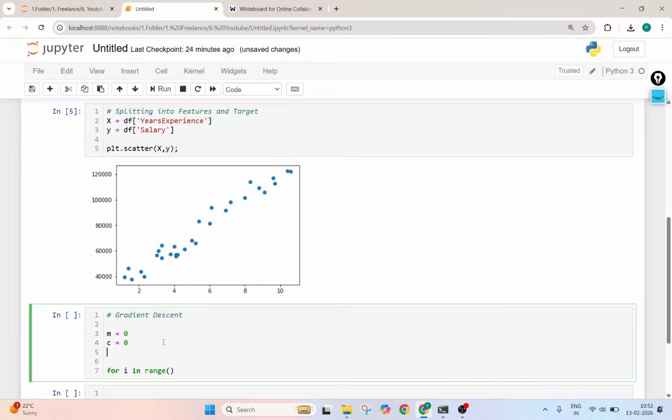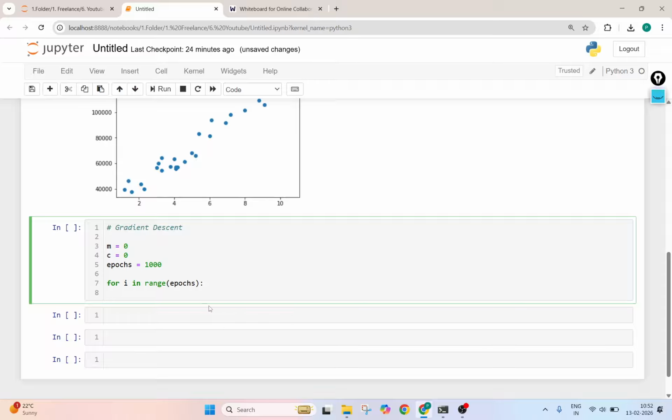So as of now, I'm just taking it as a variable, and with respect to time, the epochs might change. Let us call it epochs only. So epochs equals 1,000. This is a variable. We can change whenever we want. So for i in range epochs.